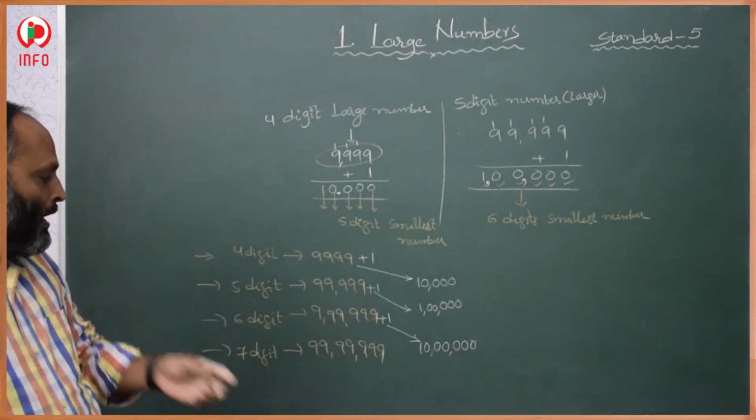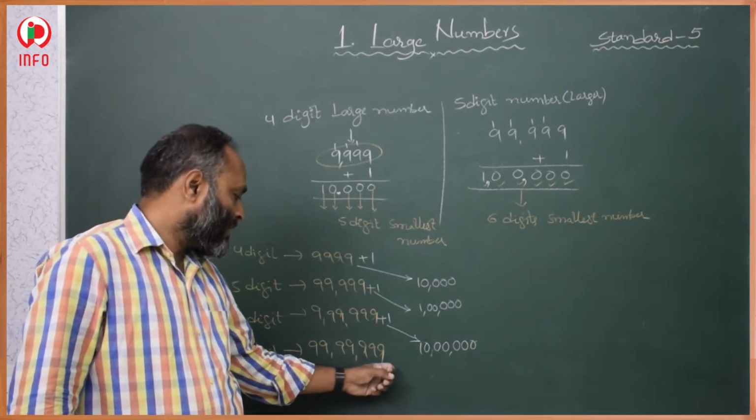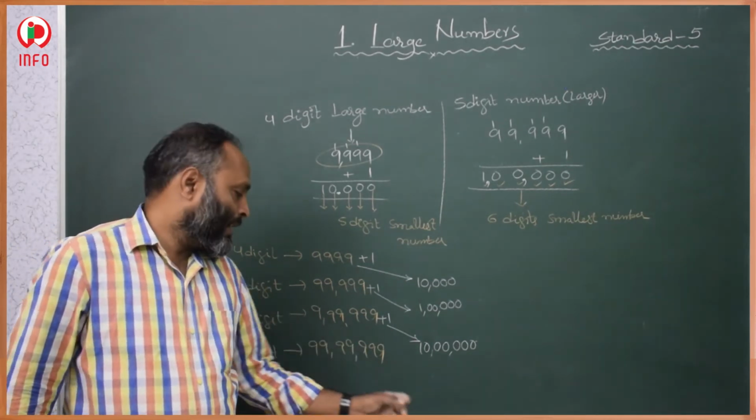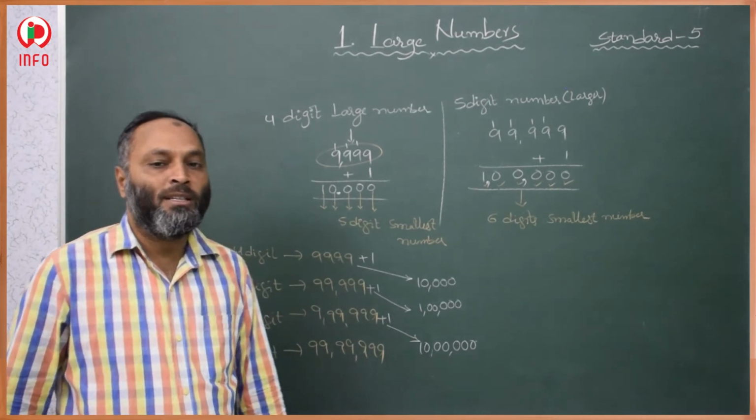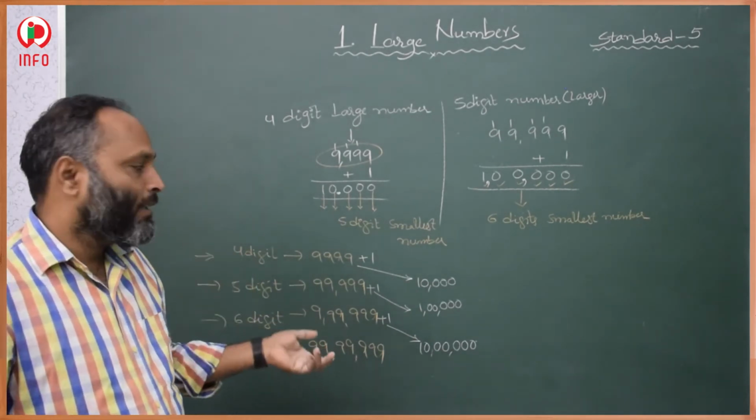In the same way, adding plus 1 to the greatest 7-digit number gives the smallest 8-digit number. So this is the method.